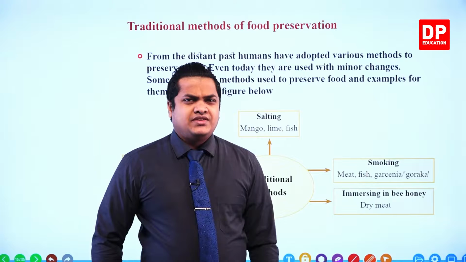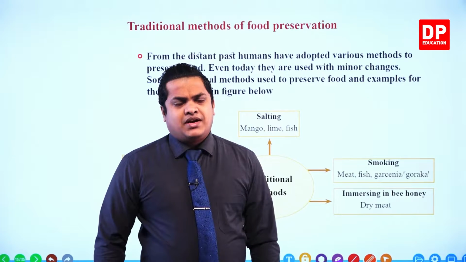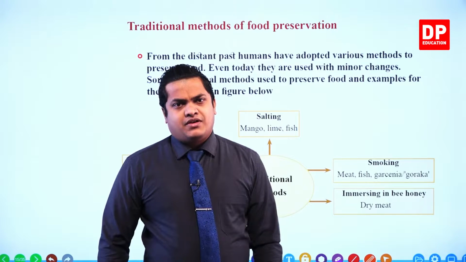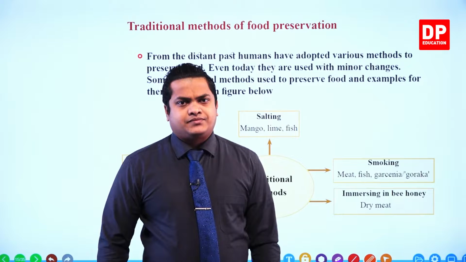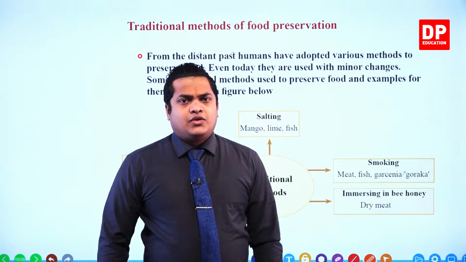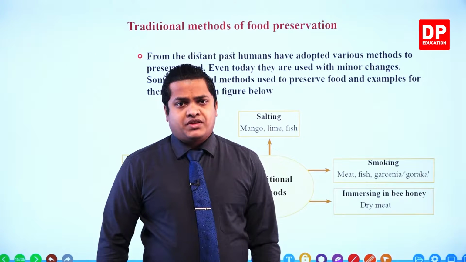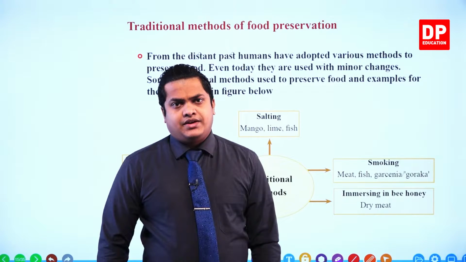Minor changes means the mechanism is the same, but the way of doing it is somewhat different from one form to the other. That's it. So in the ancient time also, people used several preservation methods in order to keep food for a longer time period.